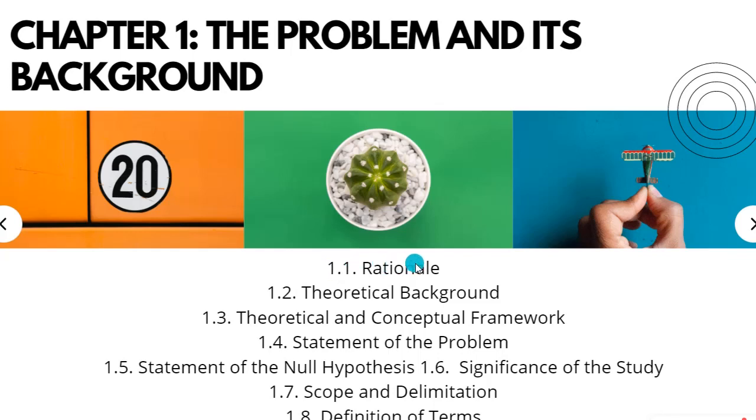So we have rationale, theoretical background, theoretical and conceptual framework, statement of the problem, statement of null hypothesis, 1.6 significance of the study, then scope and delimitation, and last is 1.8 definition of terms. Of course you're already familiar with this because you already did Practical Research 1. Okay, let's just review.